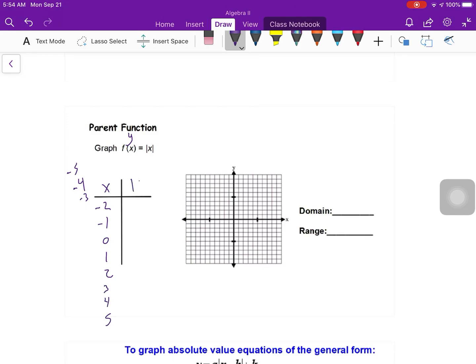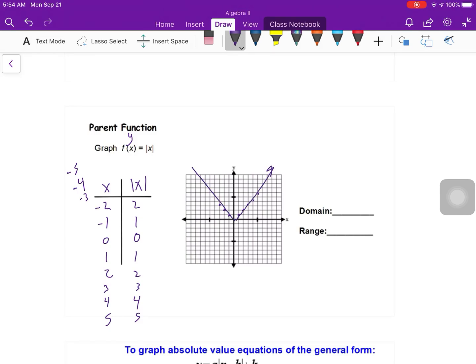And I'm just going to evaluate those values. Get 2, 1, 0, 1, 2, 3, 4, 5. Plot them from the origin, so I'll go over -2 up 2, and keep on plotting those points, and I keep on going beyond, and I got something that looks like a V.